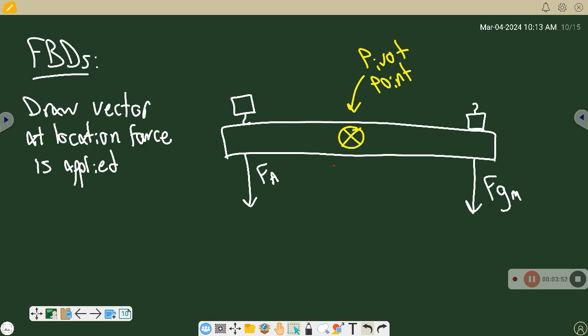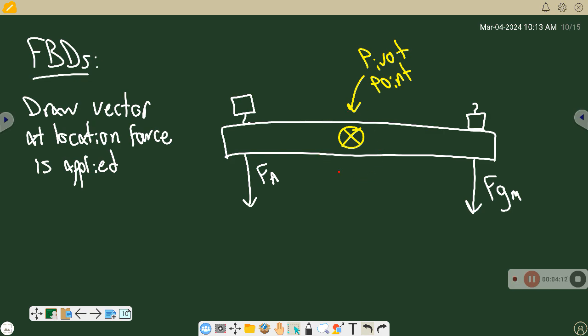It would go in this direction. But if we were to focus just on the force on the left here, and ignore the force of gravity on the right, it would rotate counterclockwise.